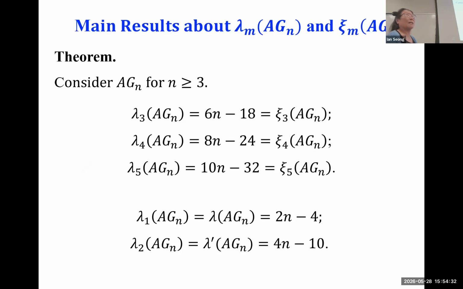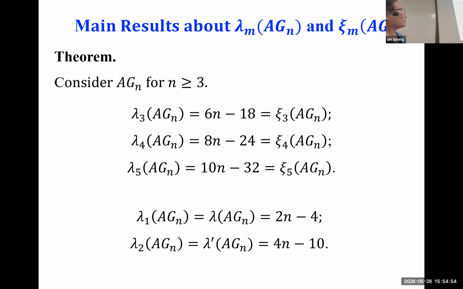We only get some small numbers, as it gets very messy. So we get this lambda 3 is 6n minus 18, which is the same as the C3. We first look at the value there, then prove they are equal. And we get lambda 4 and lambda 5.